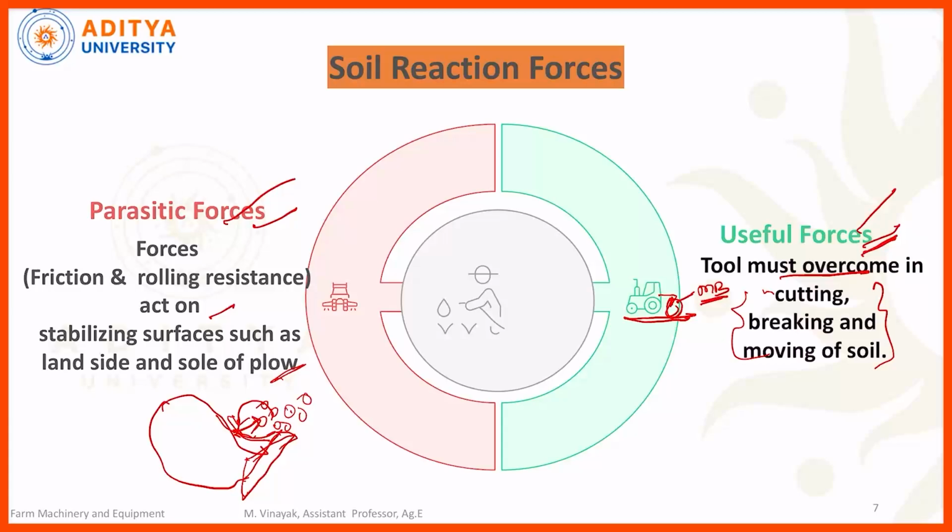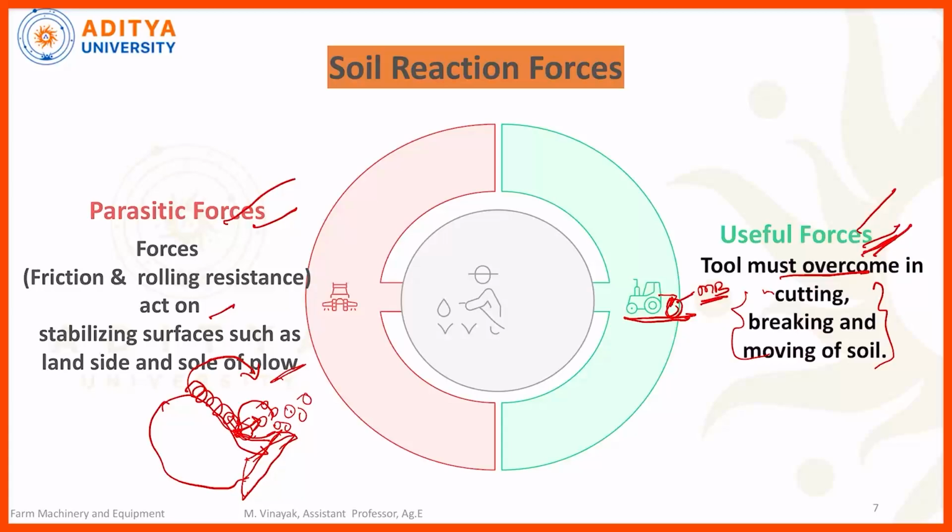Due to the interaction, friction will be generated. That is called a parasitic force, as well as rolling resistance. This soil particle should roll like this, and here the pulverization or inversion operation will be carried out. So, these two forces are called parasitic forces, and this force is called a useful force.